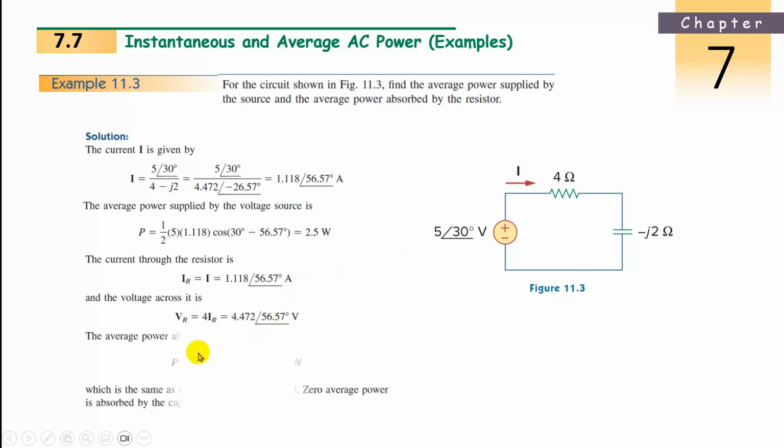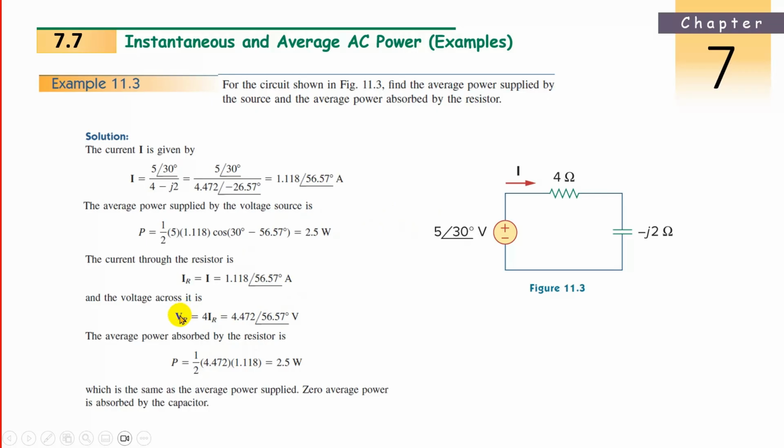Now the average power in the resistance is half I squared R, right? Or half VI. Both are okay, since we know the V, we know the R, we know the I. So we can find directly half V and I. What is V?